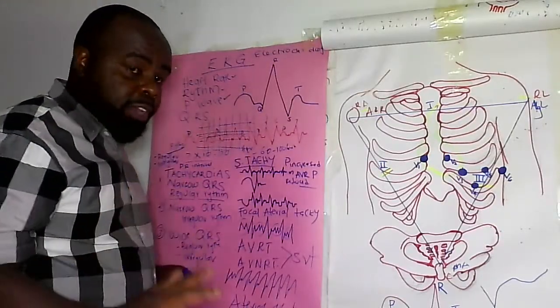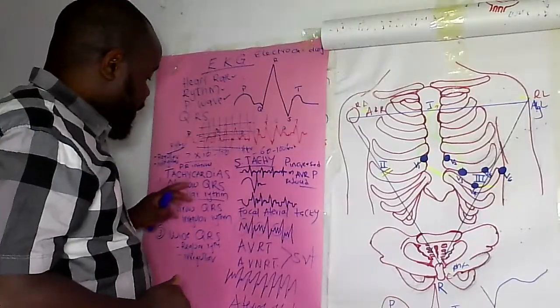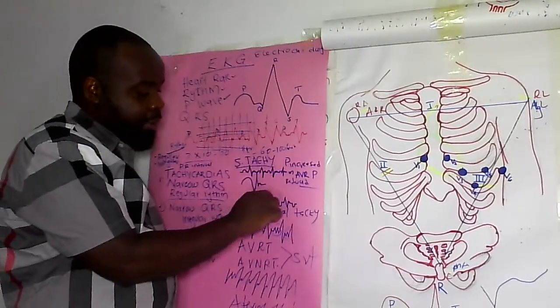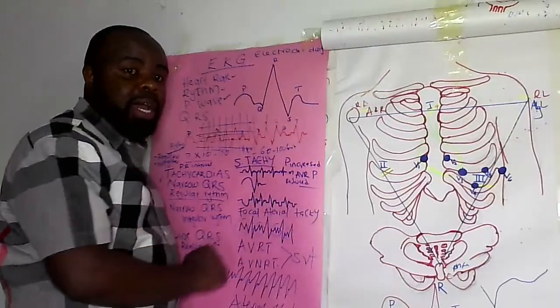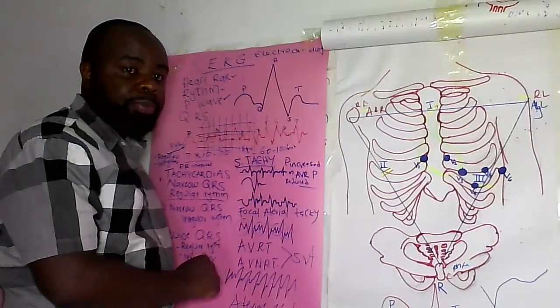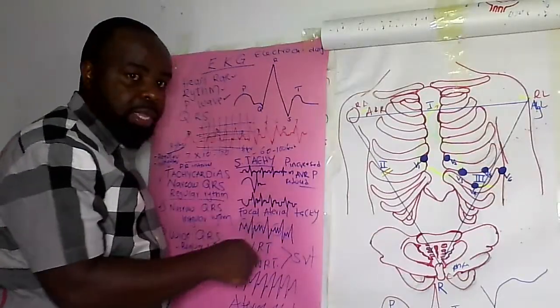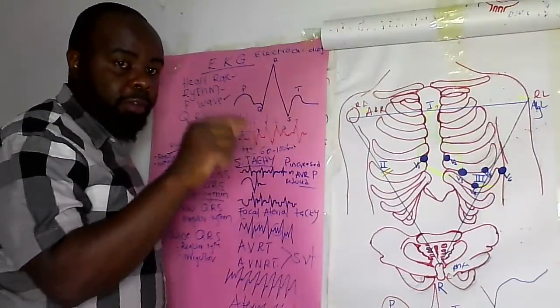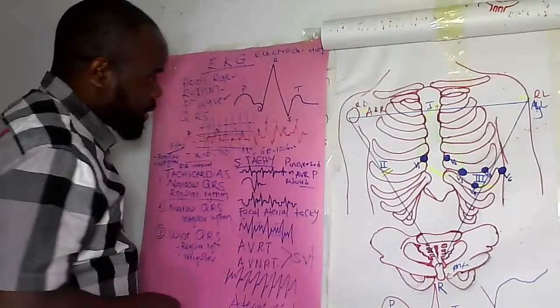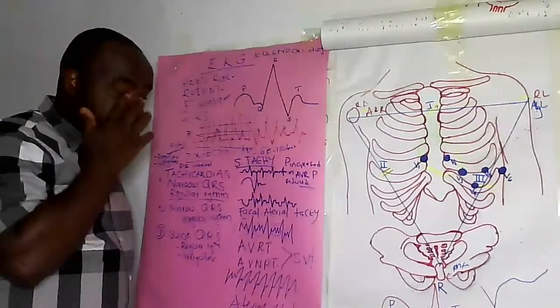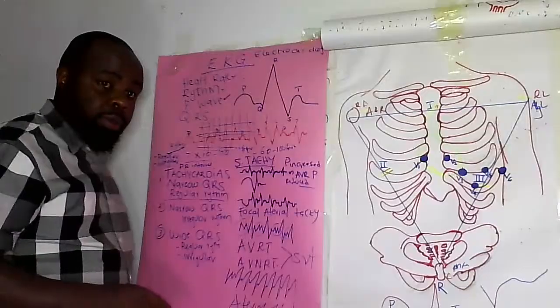Then we have checked with regular rhythm. We have checked our R waves and we have seen the R waves are regular because they match. Maybe they go 5, 5, 5, 5, 5 boxes. Those are the points that we check. And then we check the P wave.